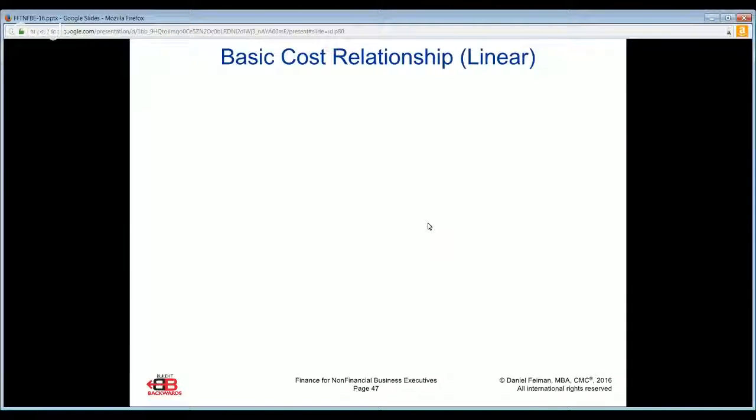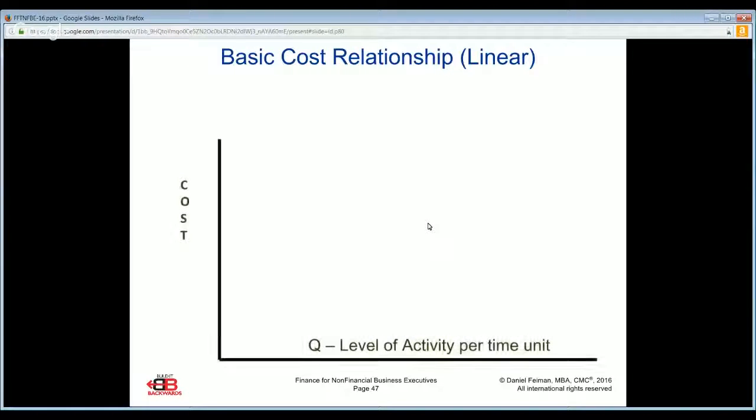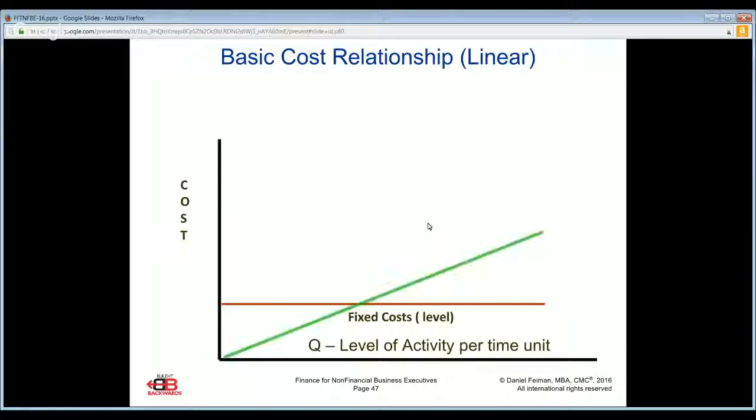So if we look at this on a graph or on a linear basis, think of our vertical axis as our total cost and our horizontal axis as the number of units. We have our fixed cost as the brown horizontal line here. We can look at our variable cost increasing over a volume.